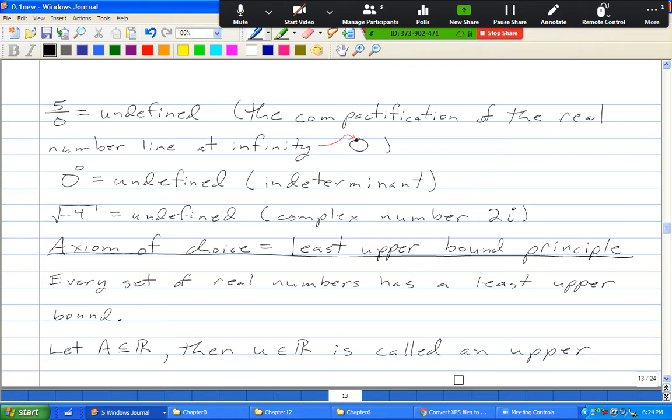And so let me explain what I mean by least upper bound. Let A be a subset of the real numbers.